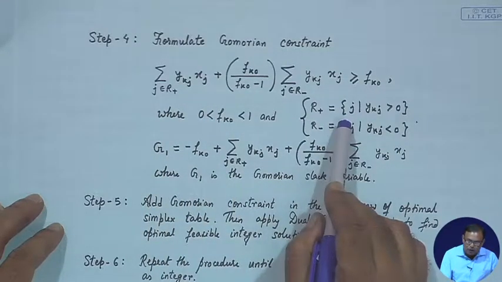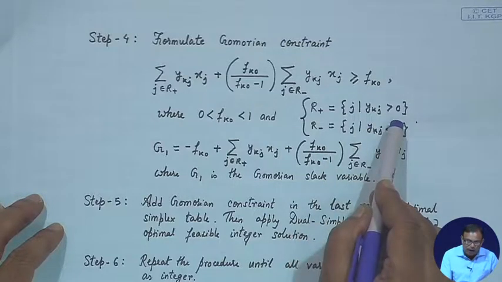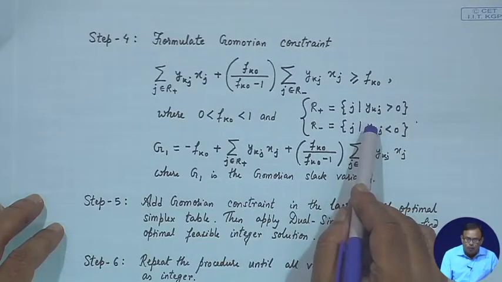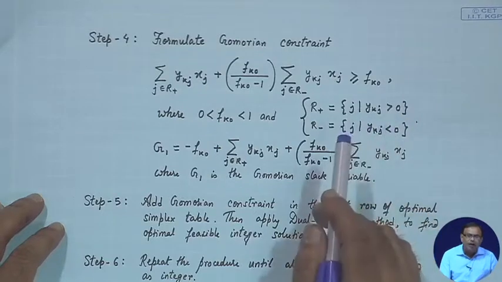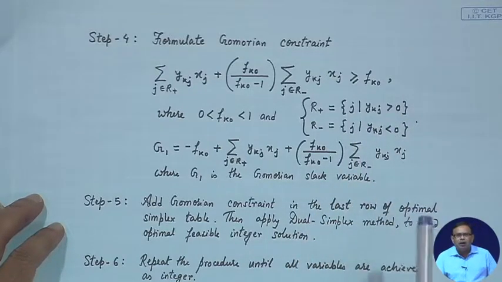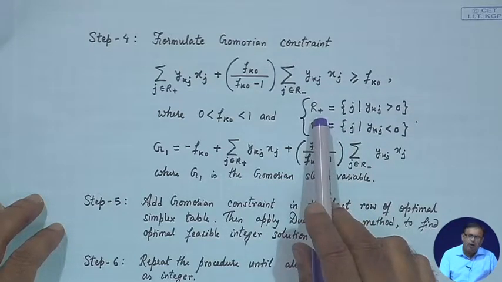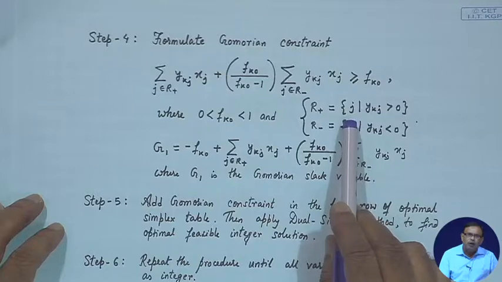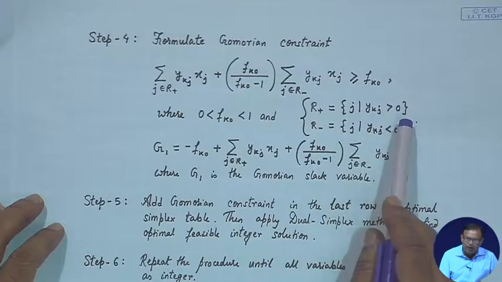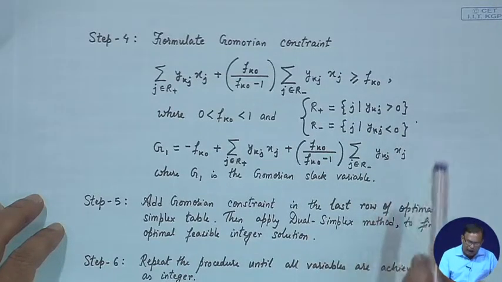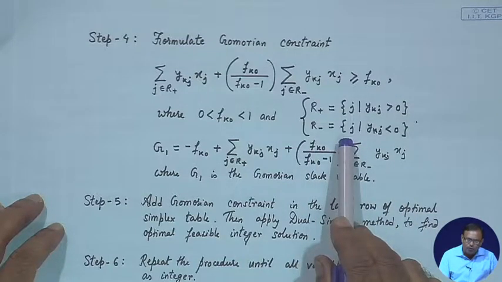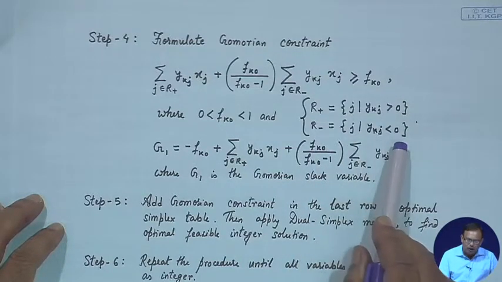Here R plus equals the set of j such that y k j is greater than 0, because in the table the y values may be positive, and they may also be negative. So, when you take R plus, you take those j values where y k j is greater than 0, and R minus will be those values of j where y k j is less than 0.